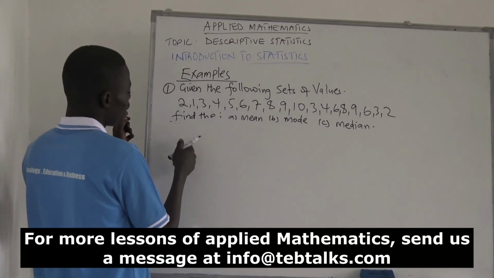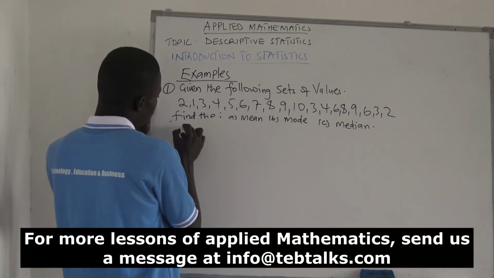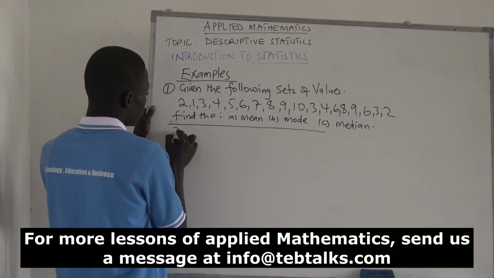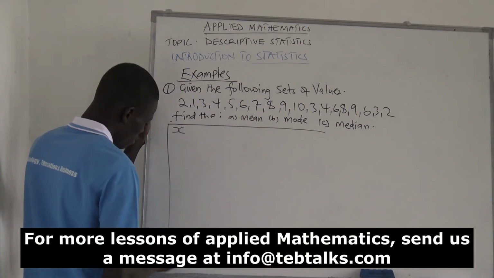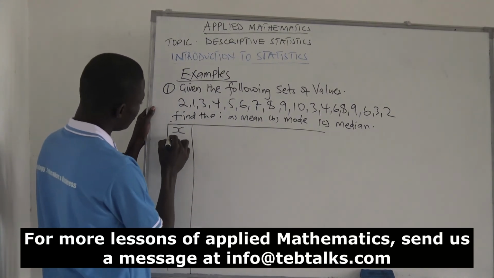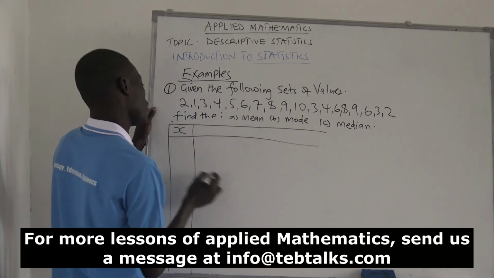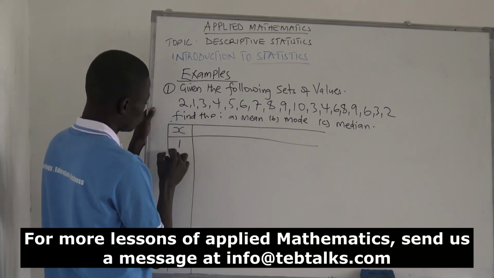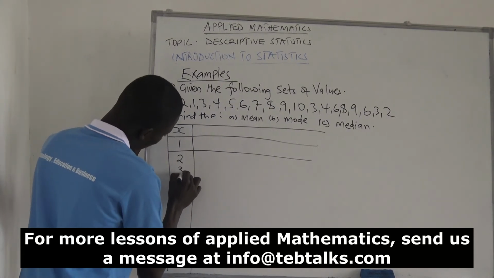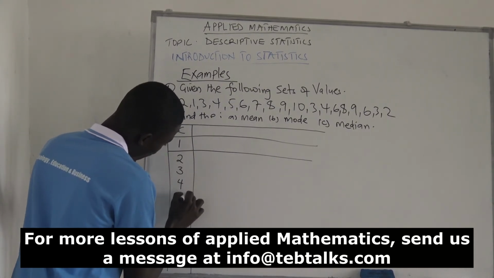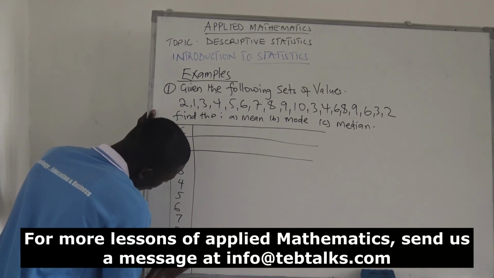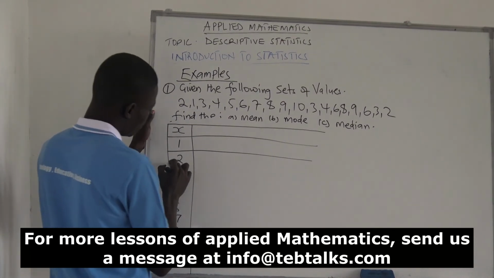We are going to adjust our cumulative table up to here, which is x. Our x, the first one is 1, 2, 3, 4, 5, 6, 7, 8, 9, 10.